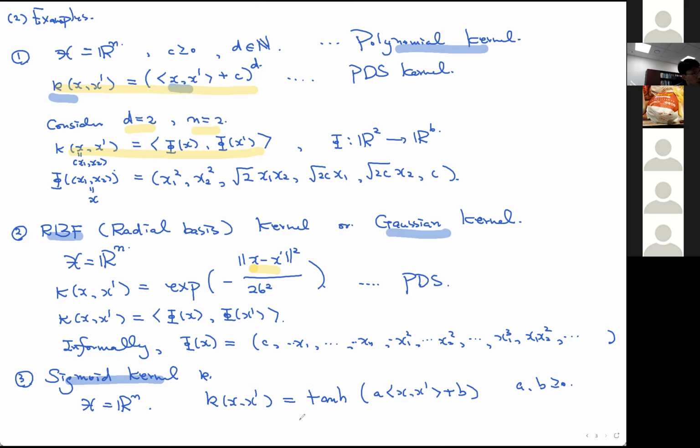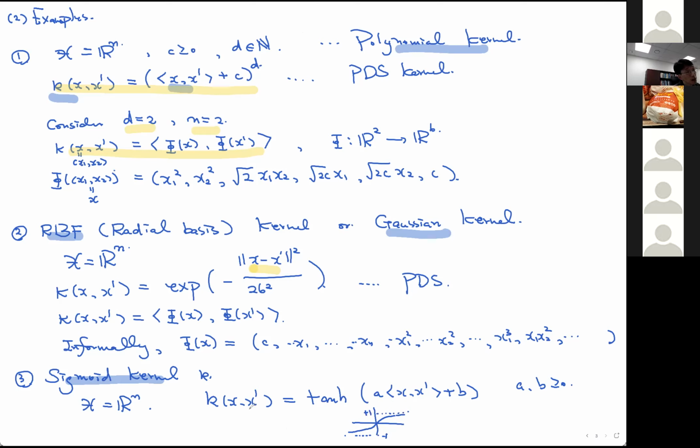And the best way to show you tanh is as a function which maps the entire real line to between -1 and +1. So it goes like this and then moves like this. The smallest value it approaches is -1, and the largest value it approaches is +1.